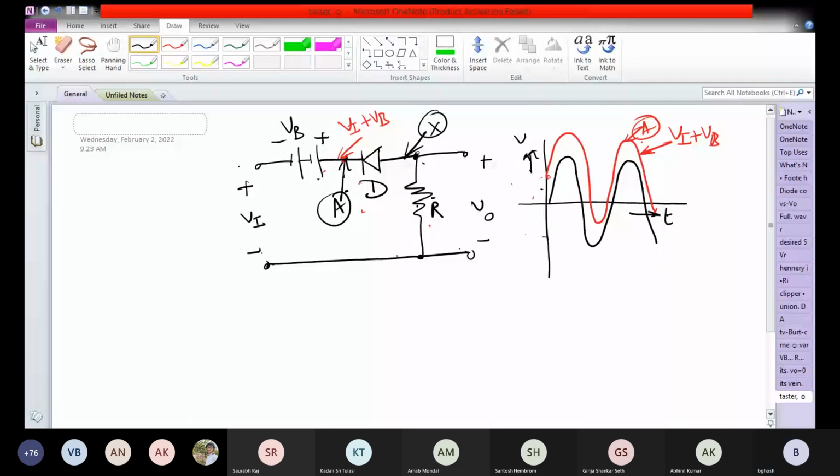But when the voltage at point A is more than 0, the diode D is going to be off. And if the diode D is off, the current in the circuit is 0 and the voltage at point X becomes equal to 0, which is the voltage here.